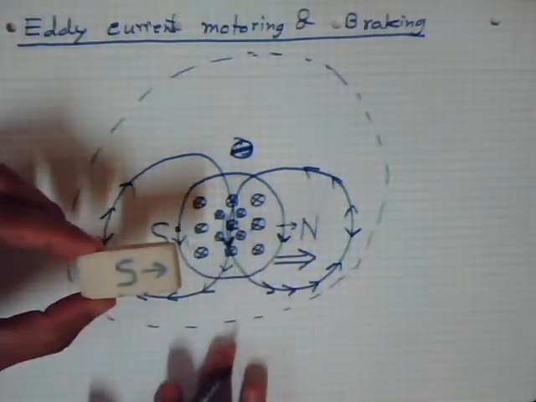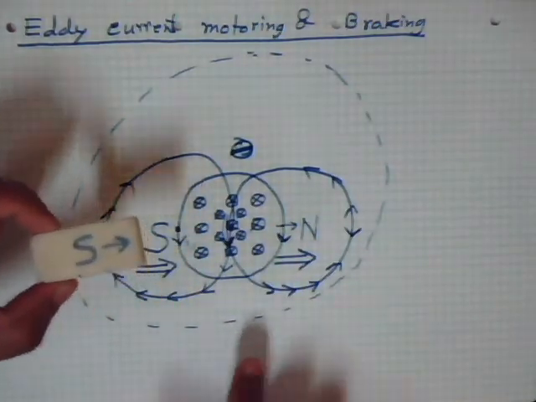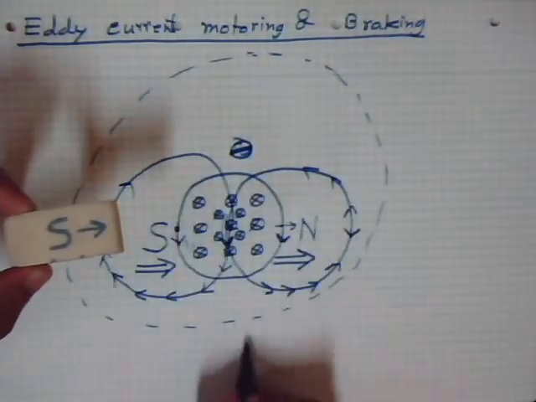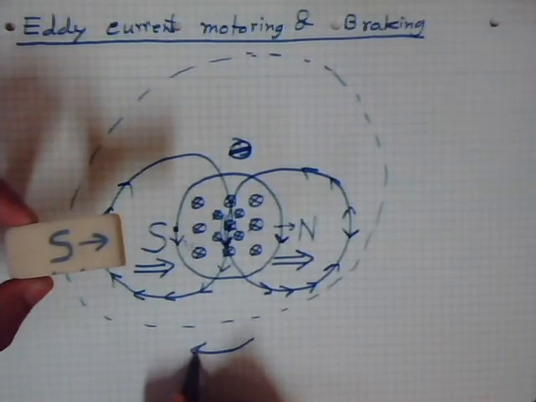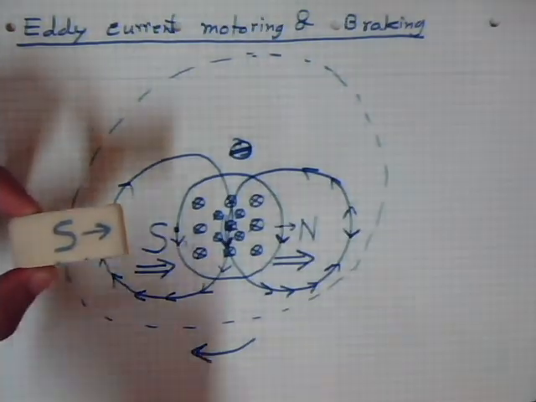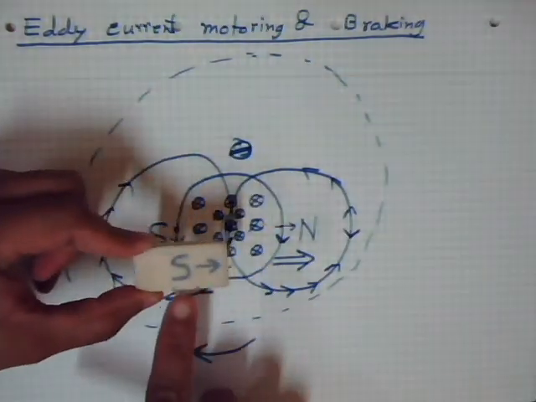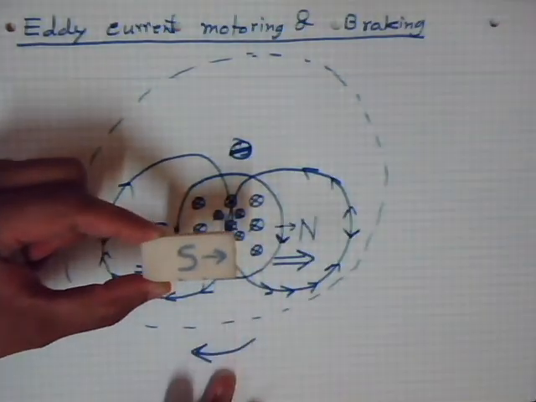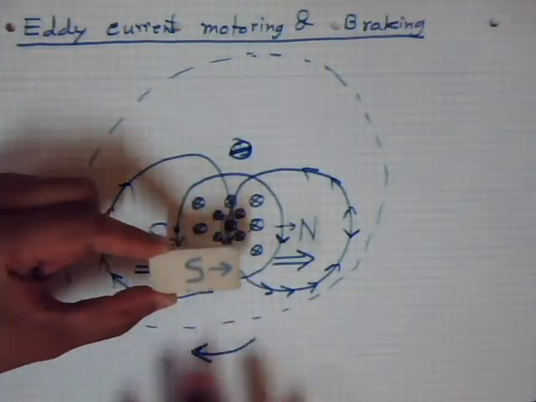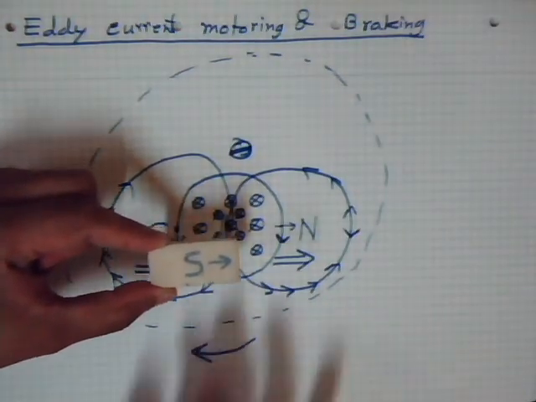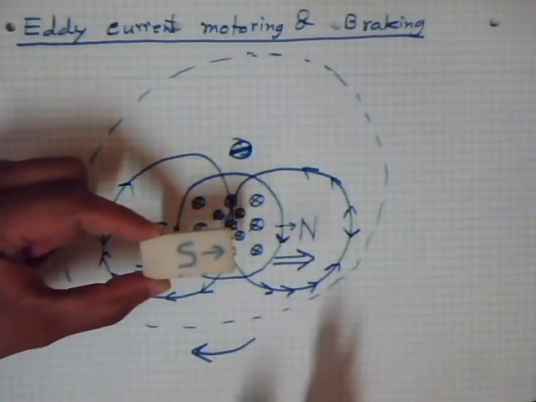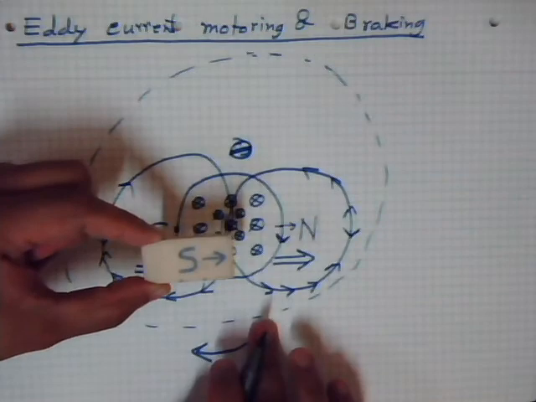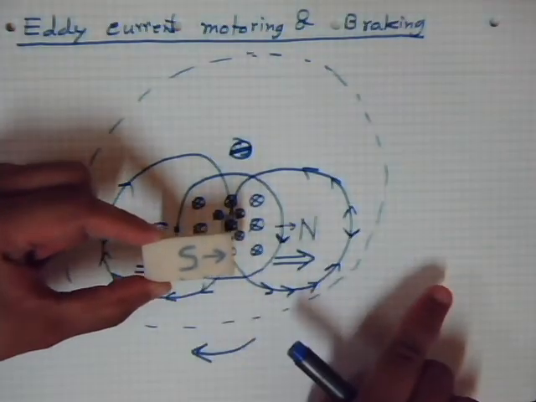Similarly, now if I rotate this circular disc, say in clockwise direction, without moving the magnet, that is equivalent to moving the magnet with respect to this metal disc. In other words, the relative velocity of the magnet with respect to the disc is again towards the right.